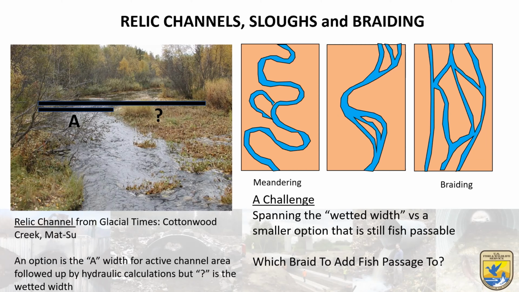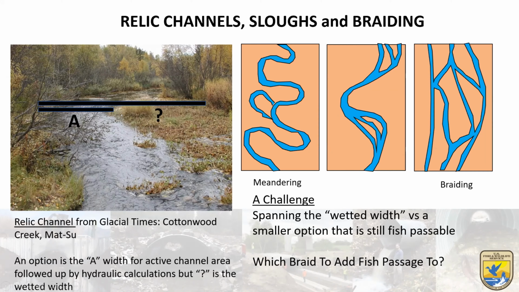If you're thinking from a fish passage standpoint, your flows in option A probably do work. But if you're looking at it from a habitat standpoint, you may want to, if possible, if there's funding, if the biologists desire it, try to span that entire wetted perimeter. It kind of depends on the goals of the project and what the goals are that everybody can agree to.